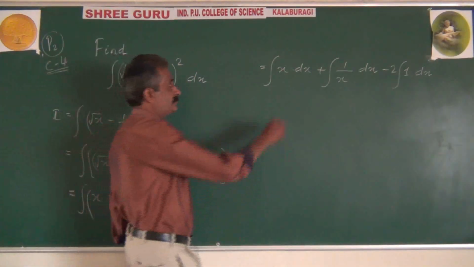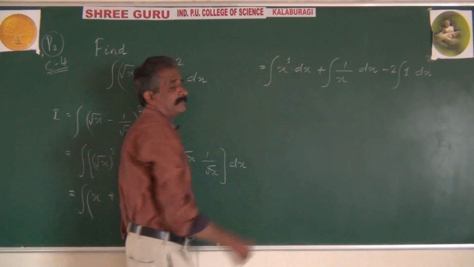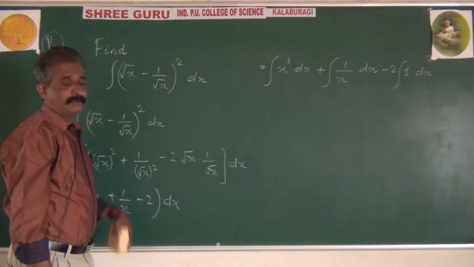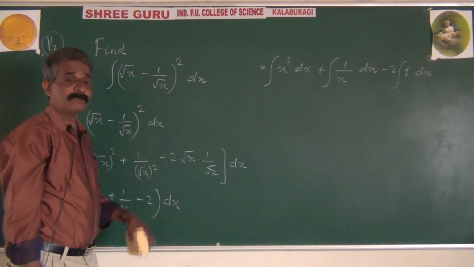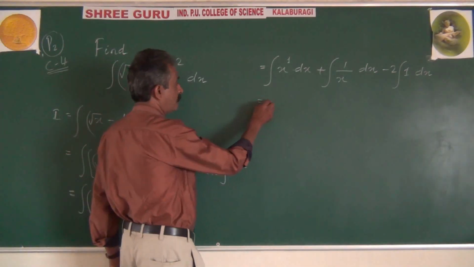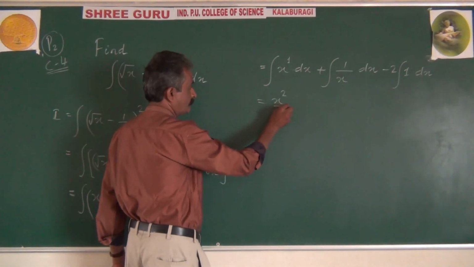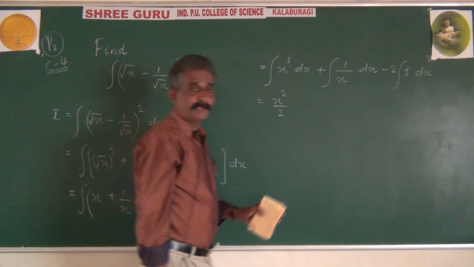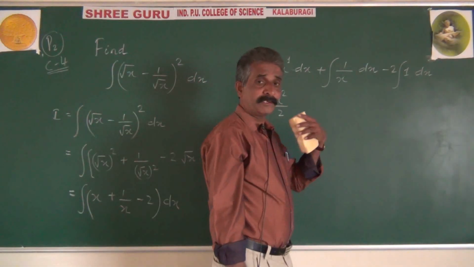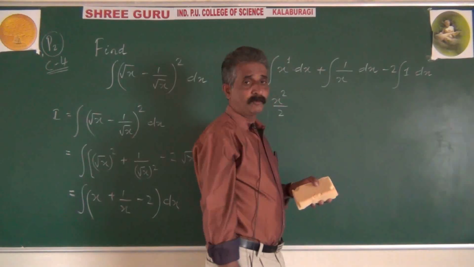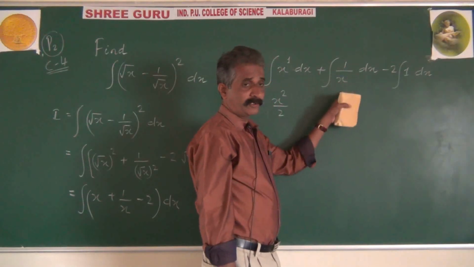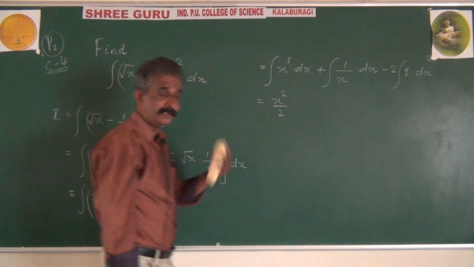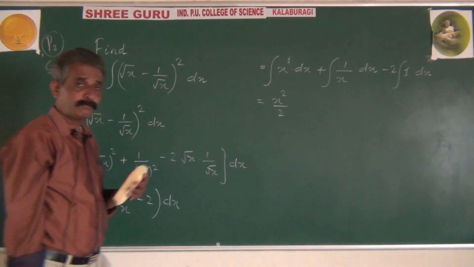X means we can treat x power 1, so integration of x power 1 means x power 1 plus 1 by 1 plus 1, that is x power 2 by 2. But integration of 1 by x you cannot take in the form of power, that will be invalid. It is log x because derivative of log x is 1 by x.